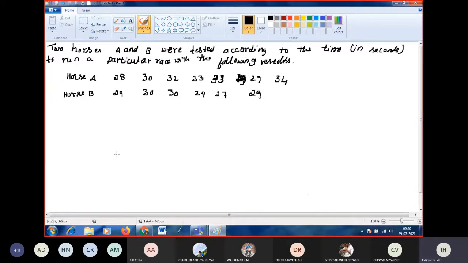Test whether you can discriminate between the two horses.